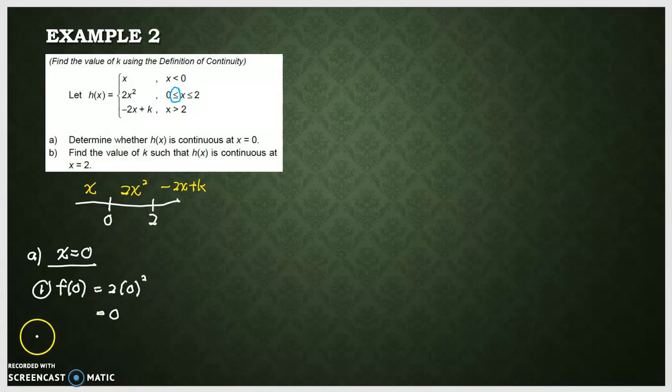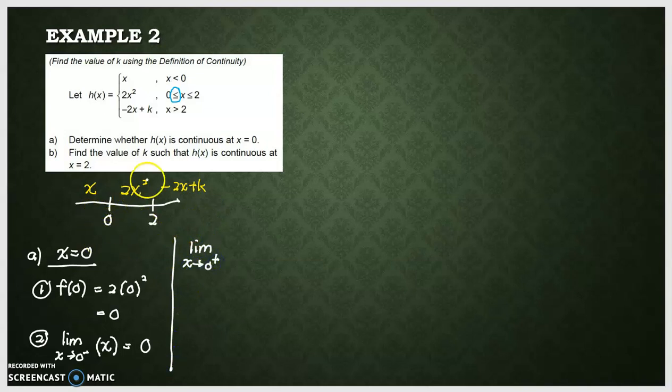Now comes the second condition. We will try to find the left hand limit and right hand limit. As x approaches 0 from the left hand side, the function is x. So when I substitute, here is 0. Then the limit as x approaches 0 from the right hand side, the function is 2x squared.